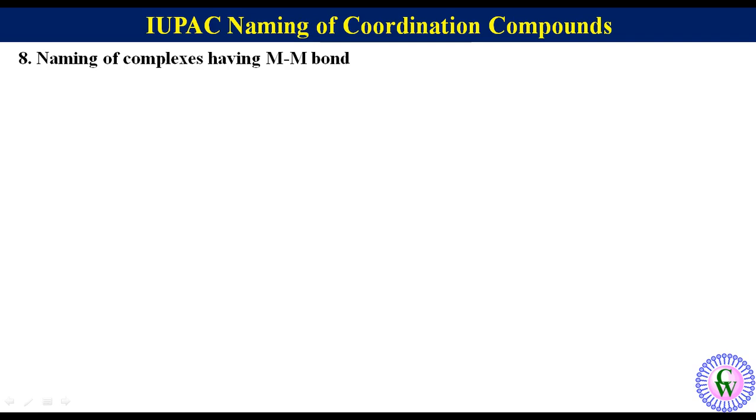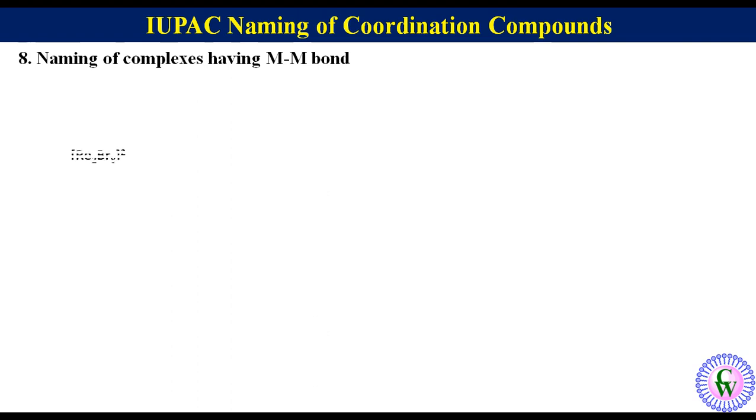Point number 8. Naming of complexes having a metal-metal bond. The metal-metal bonds are indicated by italicized atomic symbols separated by a longer dash and are enclosed in parentheses placed after the name of the central atoms but before the parenthesis containing the ionic charge.